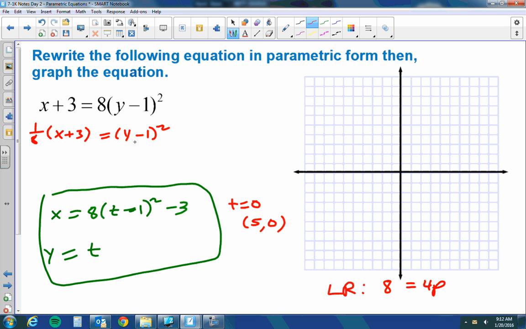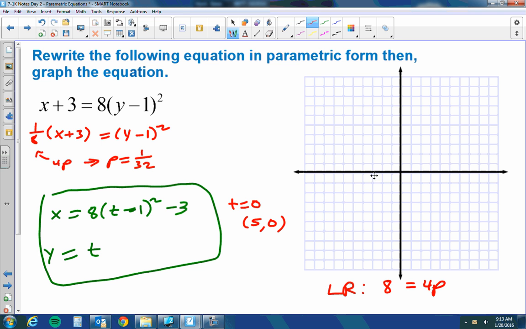If your equation is in this form, then that's 4p. Which means p was not 2. If 4p is the eighth, to find p, you take a fourth, 1/32. I don't think we're doing it that way.